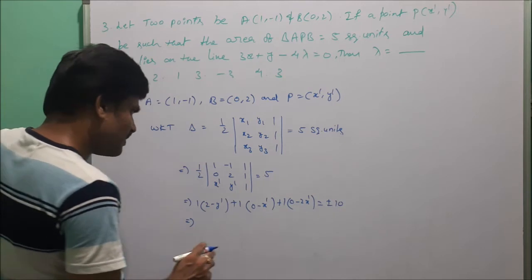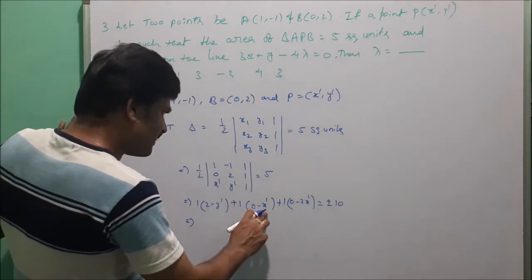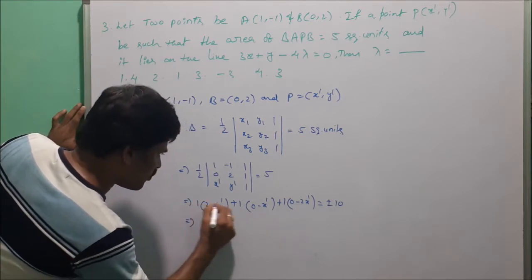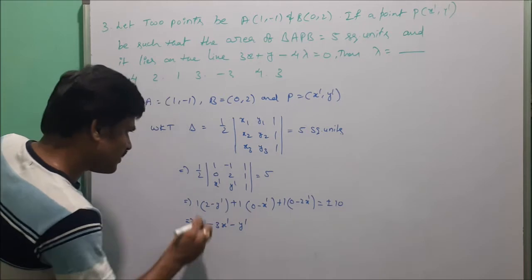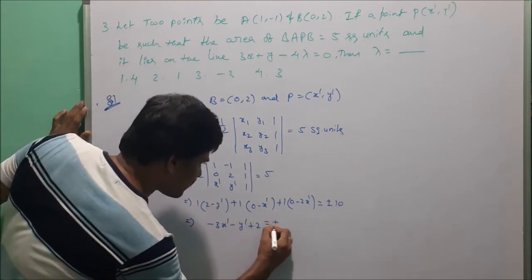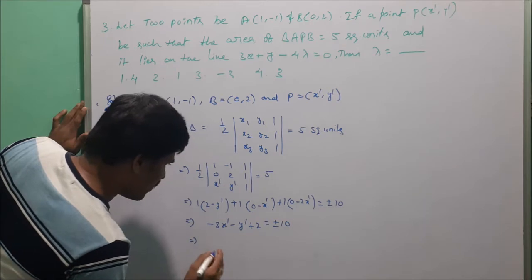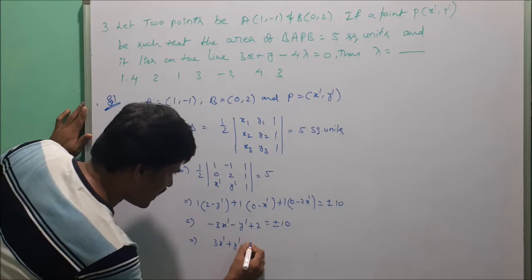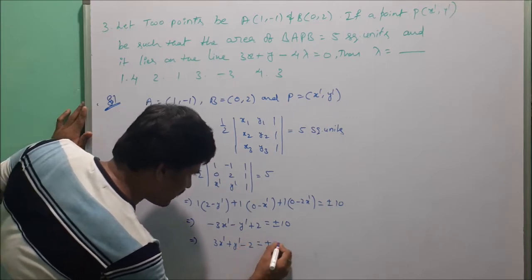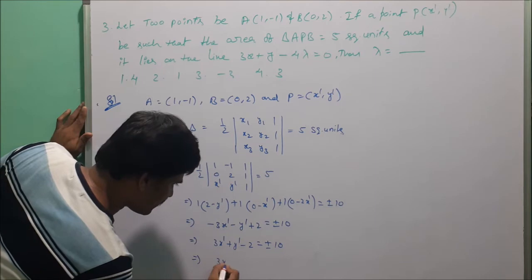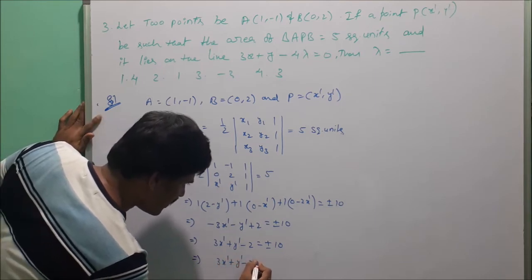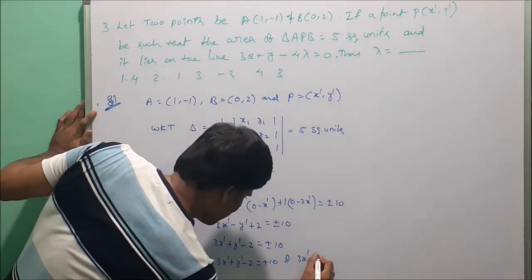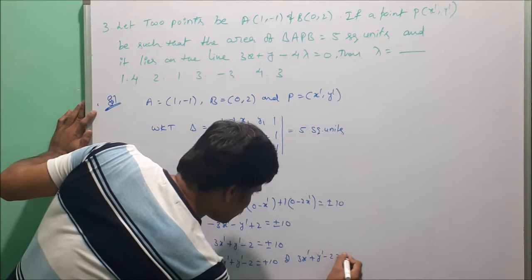Now simplifying this equation: minus x dash minus 2x dash is minus 3x dash, and 1 into (2 minus y dash), so minus y dash plus 2, equals plus or minus 10. Now multiplying by minus, 3x dash plus y dash minus 2 equals plus or minus 10. Which implies 3x dash plus y dash minus 2, here we take plus 10, or 3x dash plus y dash minus 2 equals minus 10.